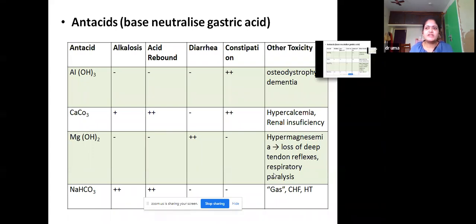Calcium carbonate, when given along with milk, causes milk alkali syndrome, producing hypercalcemia and renal insufficiency. Magnesium hydroxide toxicity is more common in renal failure. It causes hypermagnesemia, loss of the tendon reflexes, and respiratory paralysis.